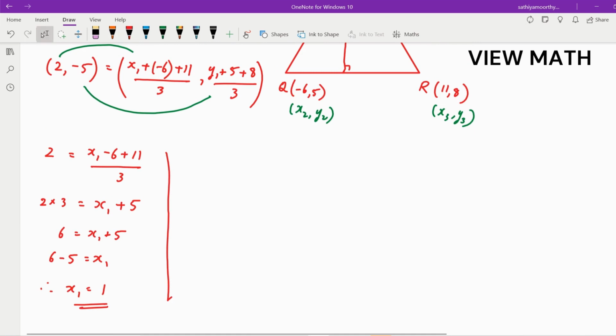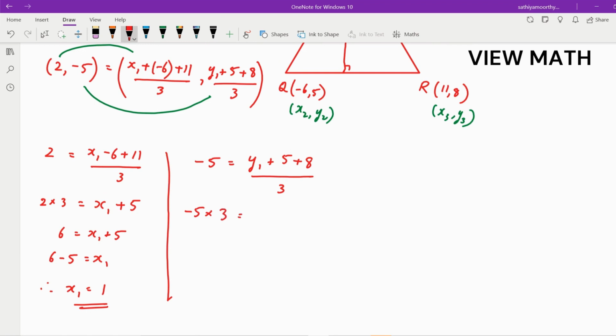Now let me equate the y coordinate. If I equate the y coordinate, I get minus 5 is equal to y1 plus 5 plus 8 divided by 3. 3 I am bringing to the other side. Minus 5 into 3 is equal to y1 plus 13. Now minus 5 into 3 is minus 15 is equal to y1 plus 13.